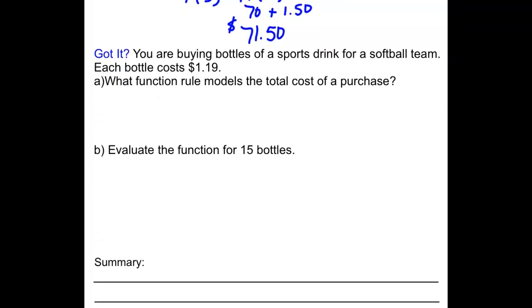All right, let's check our last question. It says you are buying bottles of sports drink for a softball team. Each bottle costs $1.19. What function rule models the total cost of a purchase? All right, so our function rule, let's let C stand for total cost, and let's let B represent the number of bottles.